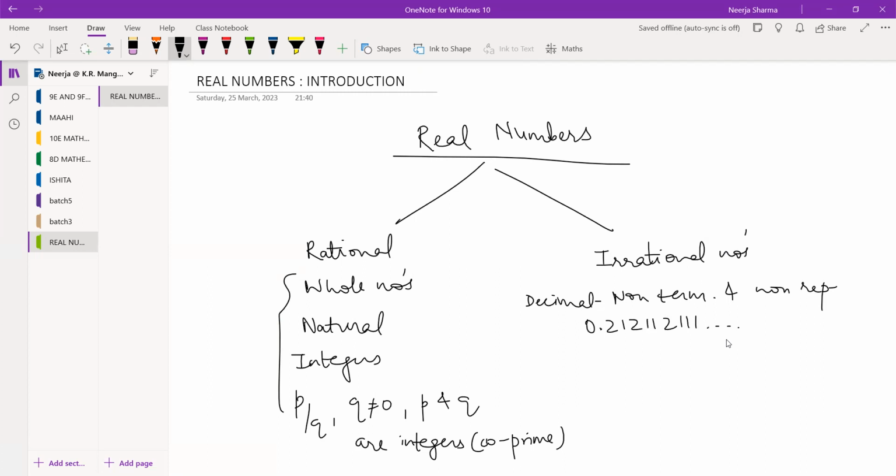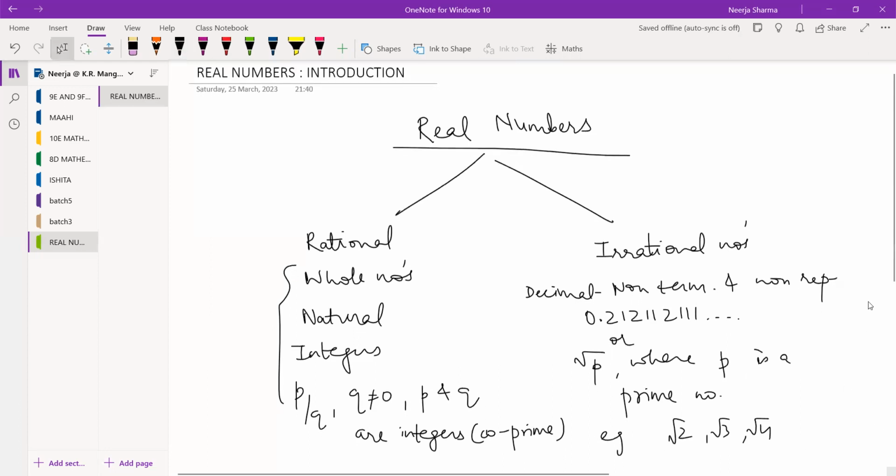There is a fixed pattern to it. You can see the pattern and identify the coming terms, but there is nothing repeating. Or root p, where p is a prime number, for example root 2, root 3. These are irrational numbers. We learned this.